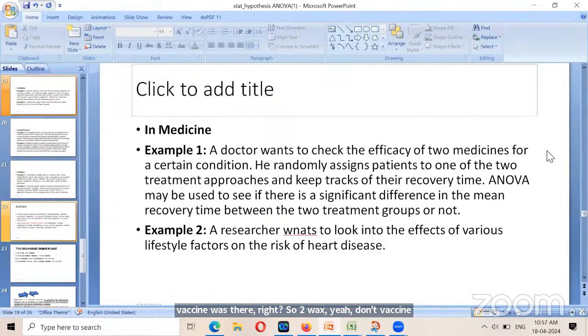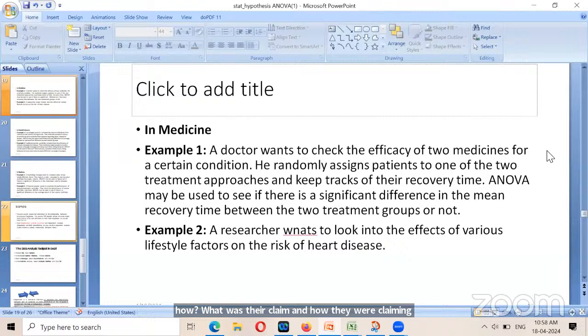One vaccine was claiming that after vaccination with it, we will get 95% protection from COVID. Another vaccine was claiming that with their vaccine, you will get 75% protection from COVID, right?